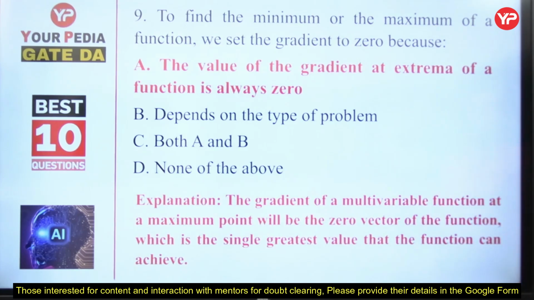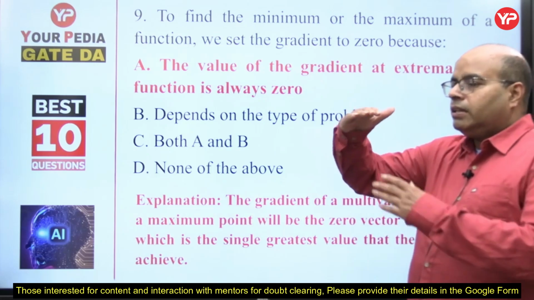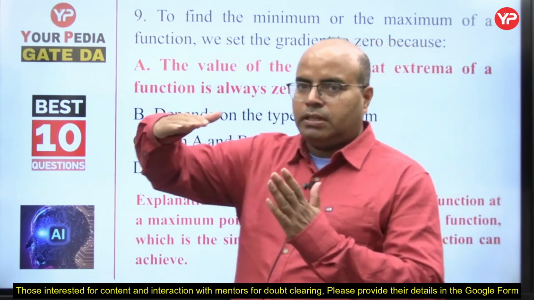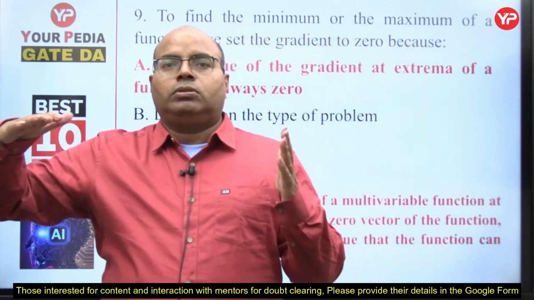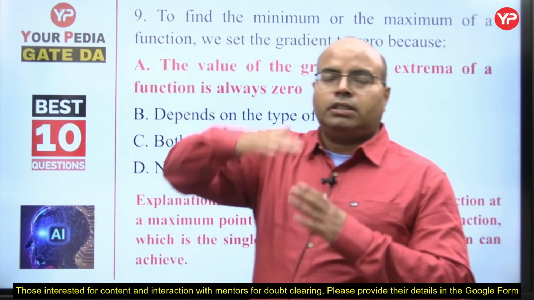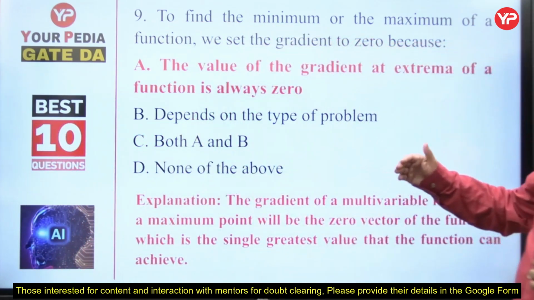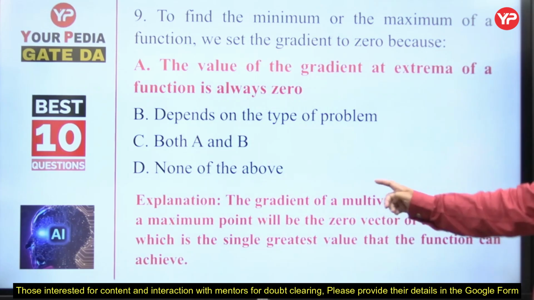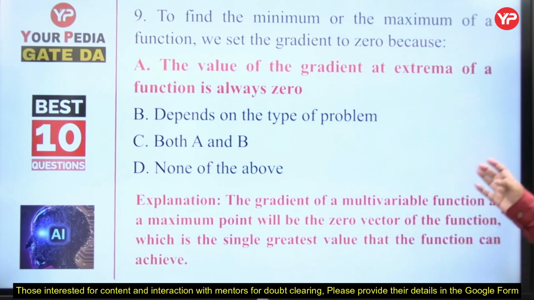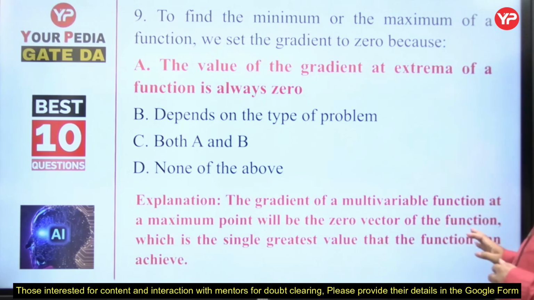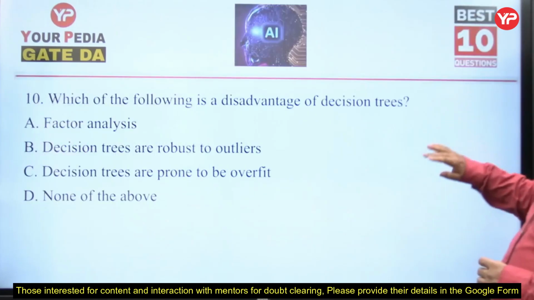The value of the gradient at extrema of a function is always 0. Whenever there is an extrema of the function, there is a line whose gradient is 0 at the extreme of any function. So the gradient of a multivariable function at a maximum point will be the 0 vector of the function, which is the single greatest value that the function can achieve.